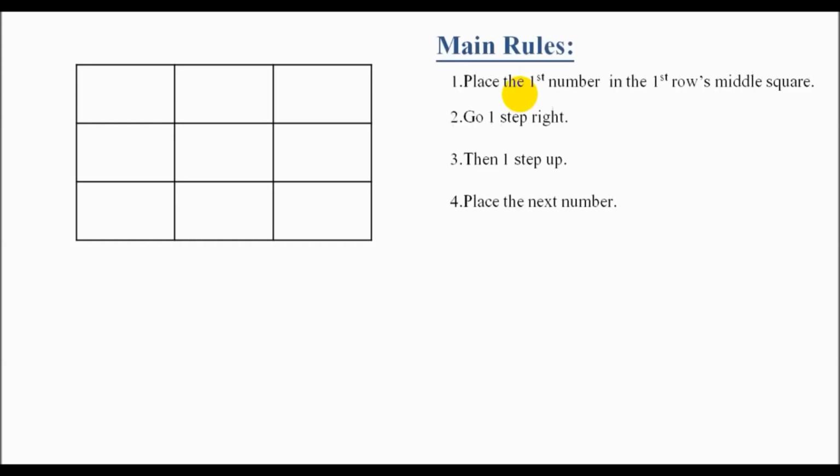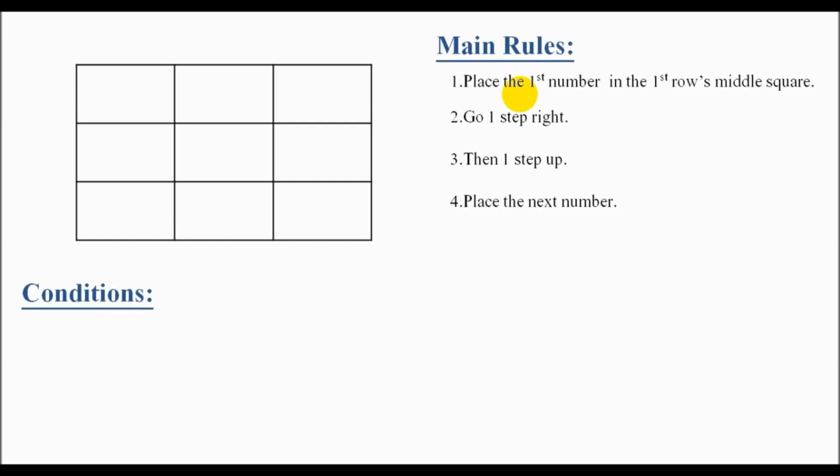These are the main rules for making a magic square. We have to repeat rules 2, 3 and 4 a couple of times. During this procedure, some conditions can occur. So let's start to implement this 3x3 magic square and we'll see the conditions during the implementation.